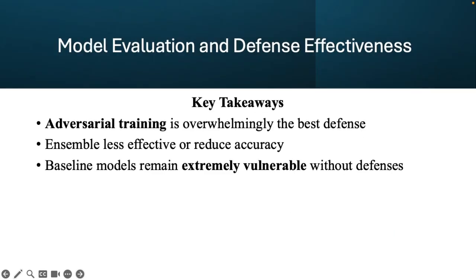So the key takeaways from this include that adversarial training is overwhelmingly the best defense mechanism for IDS systems, and the ensemble is less effective and also reduces model accuracy. The baseline models remain extremely vulnerable without defense.